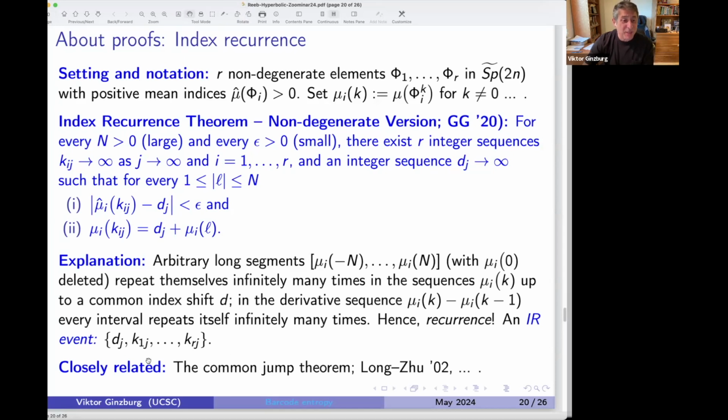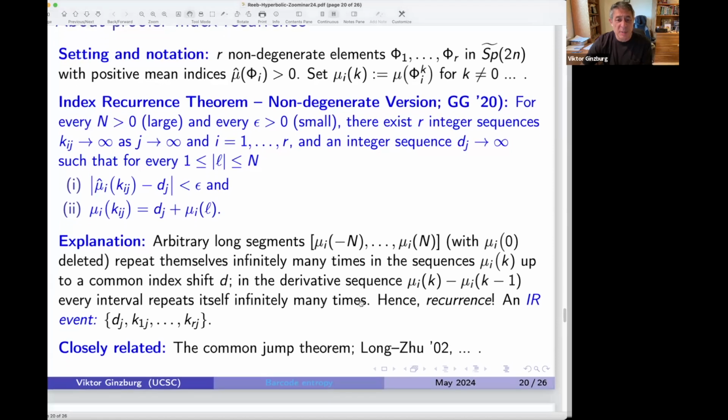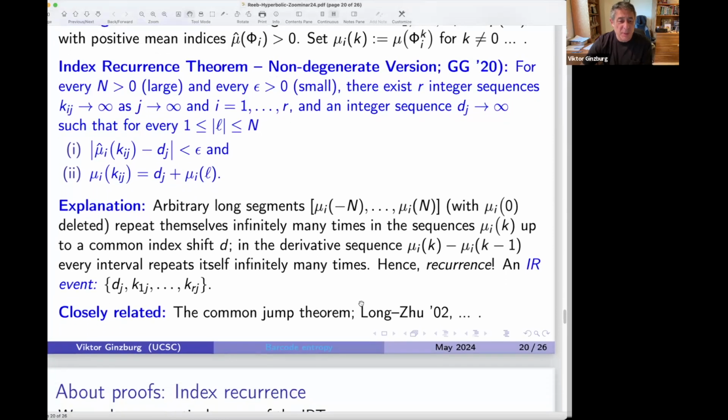And the event when this repetition happens will be referred to as an index recurrence event. There is a closely related theorem, the common jump theorem by Long and Zhu, from the same paper where they proved the multiplicity result. And the index recurrence can be derived from that theorem or proved directly.